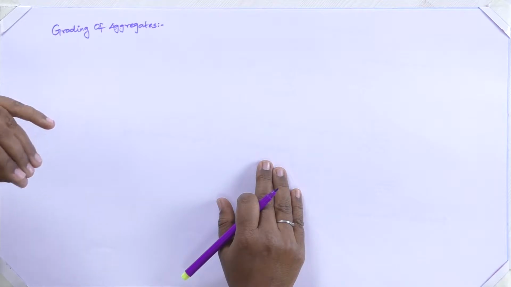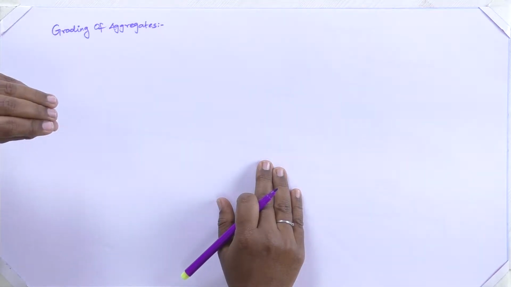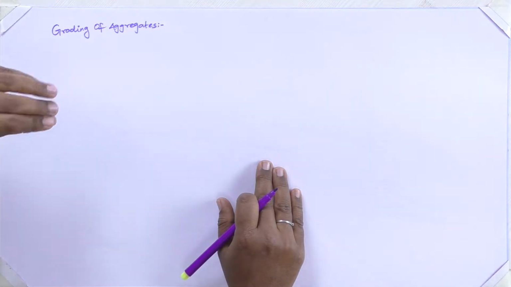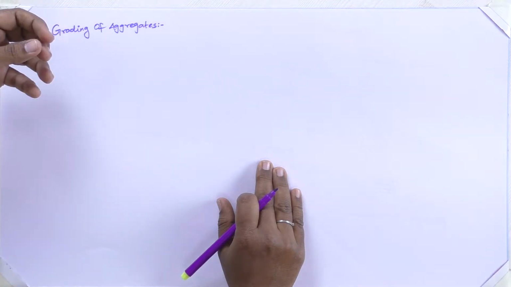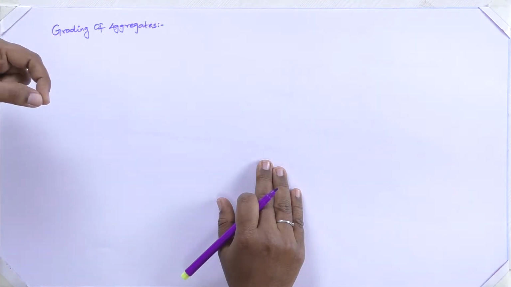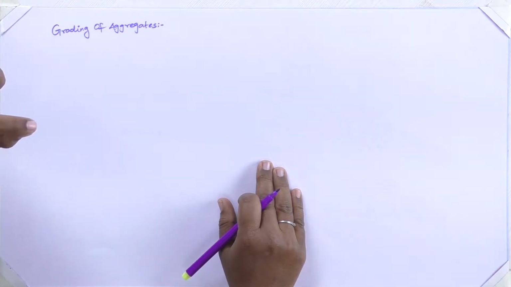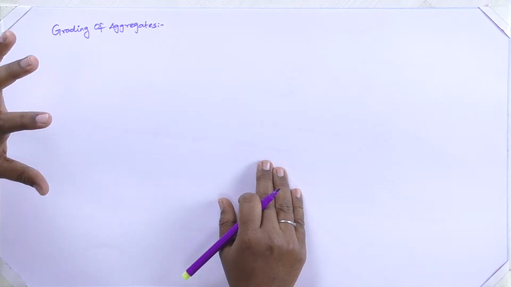To ensure dispersion of these aggregates, we have to introduce an amount of paste a little more than the voids which are present in the system.